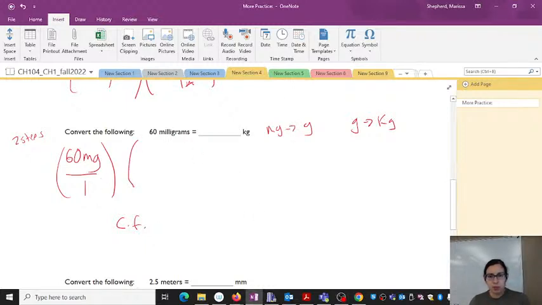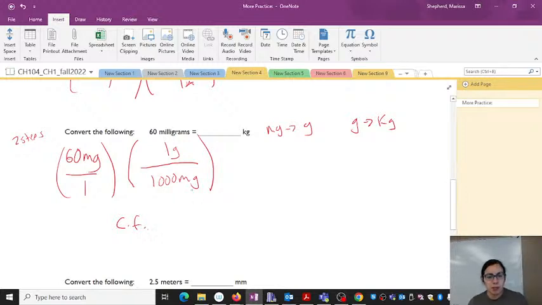And so how do we go from milligrams to gram for our conversion factor? Excellent. So that looks good.